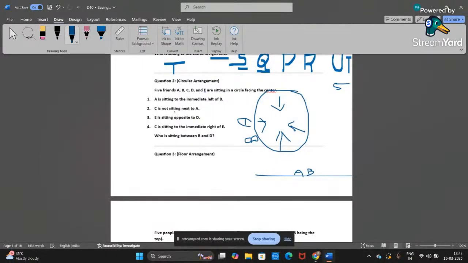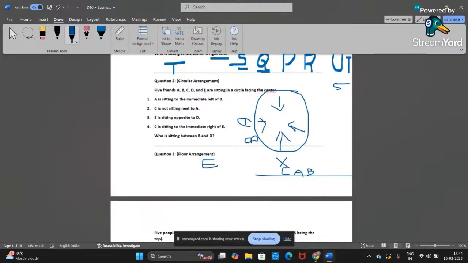C is not sitting next to A. Here C is not sitting. Then E is sitting opposite to D. E sitting opposite to D means they are not in the sequence position like this.